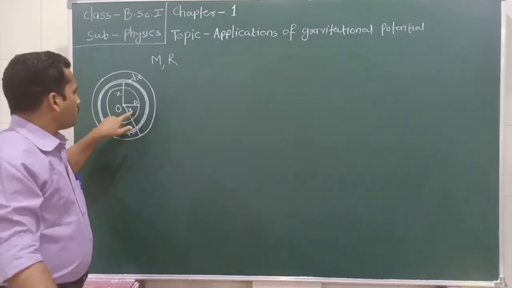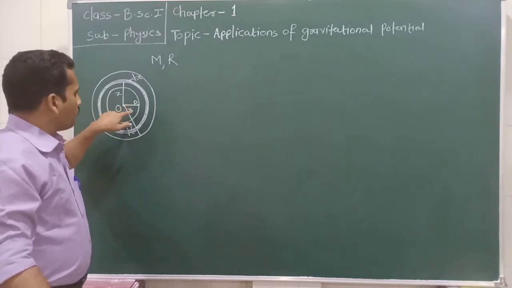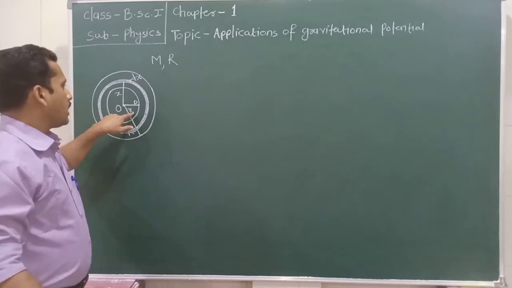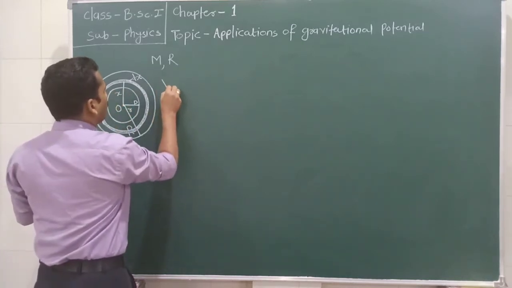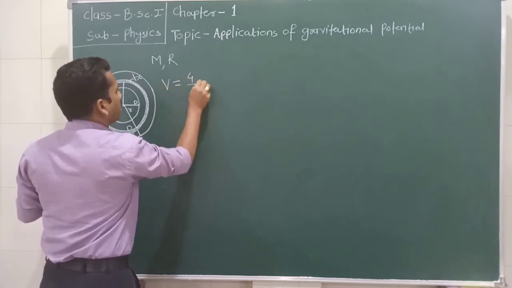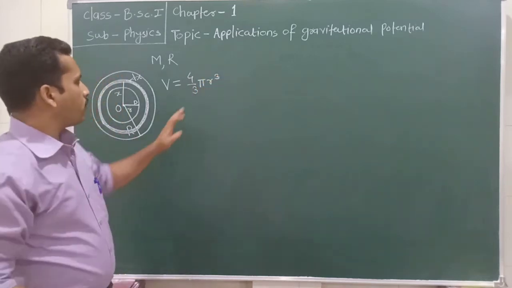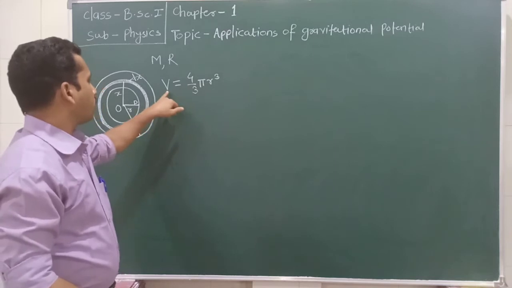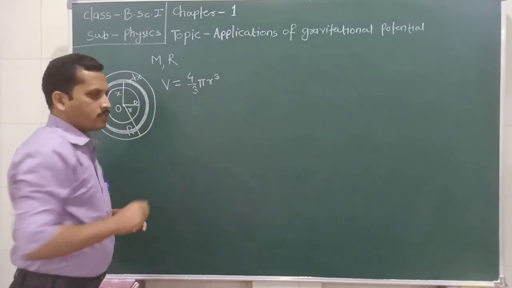Its volume is equal to 4 by 3 pi r cube. This is nothing but the volume of this inner sphere.